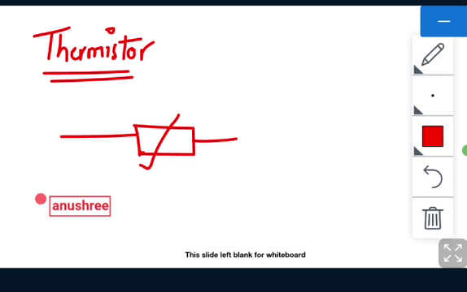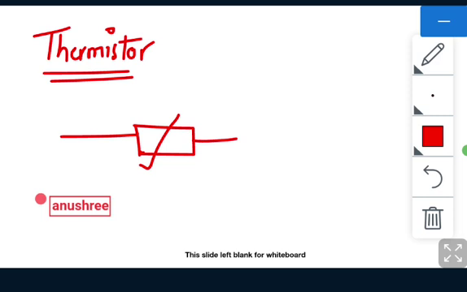So at low temperatures, the resistance of a thermistor is high. Is this also in most cases? Yes.